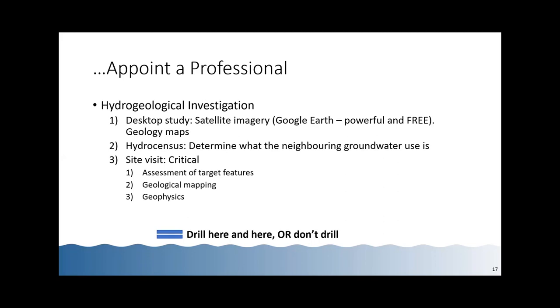The next step for hydrogeologists to do would be to come to your property and conduct a hydrocensus. And what that basically means, he's going to visit all your friendly neighbors and gather data on their boreholes, and that usually involves borehole depth, borehole yield, borehole quality.